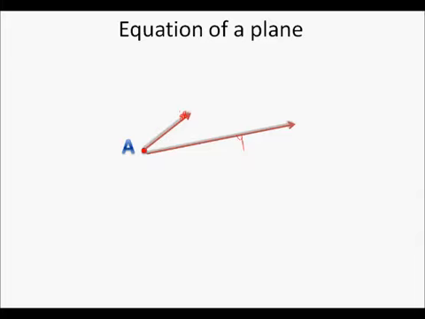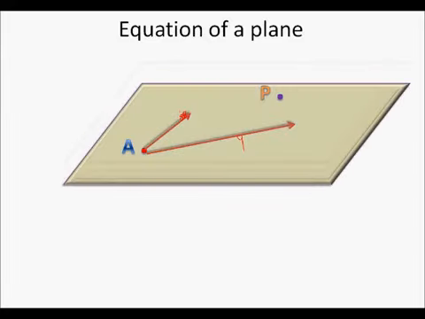So these are the three things that have been given to us, and then we move them to that point, and then we take a moving point P (x, y, z), and we make them all lie on a plane. And if I can find the position vector OP, this is R, as we did for a line, then I'm finding the equation of the plane, because P is a moving point all along the plane.